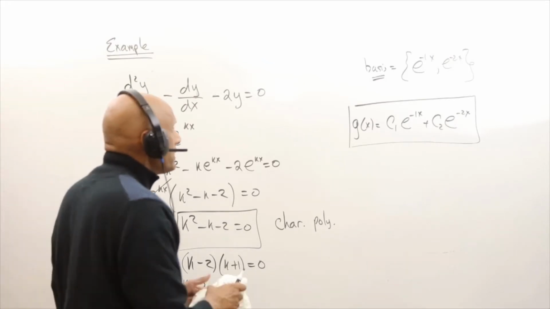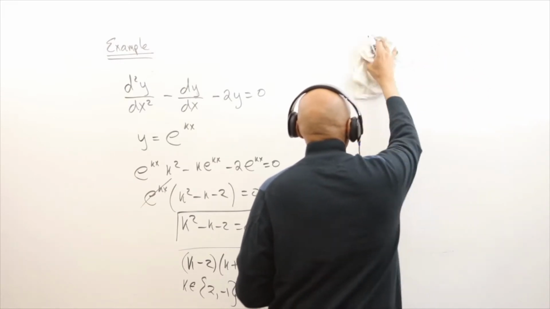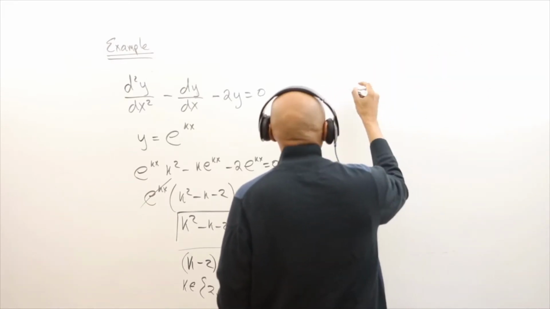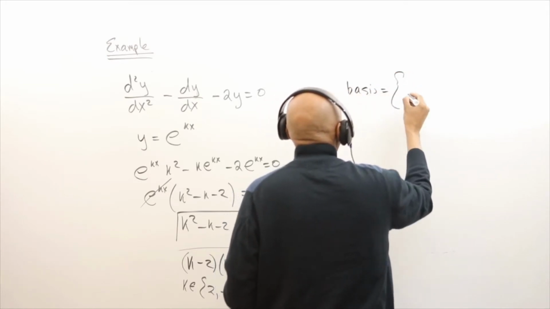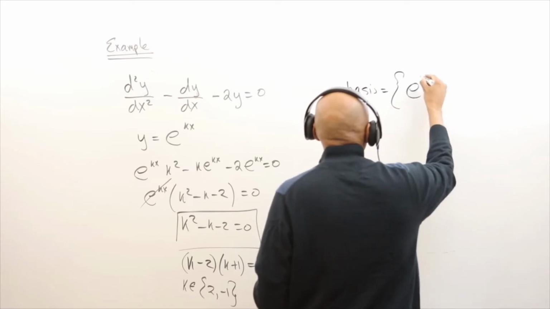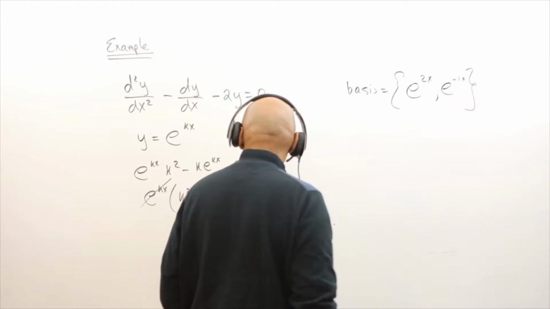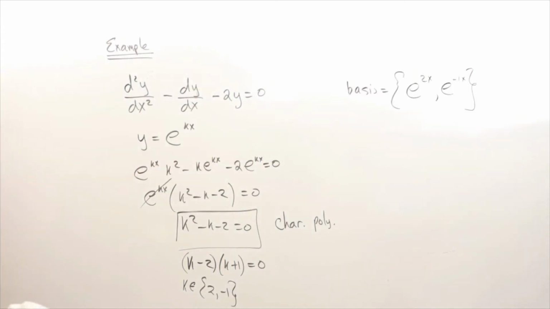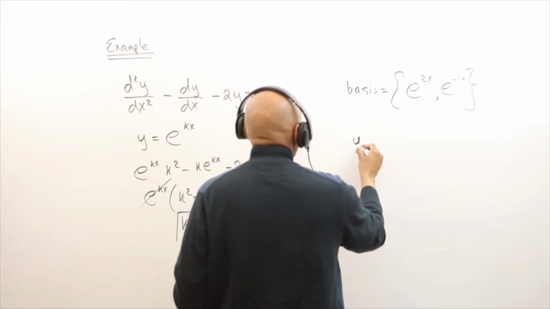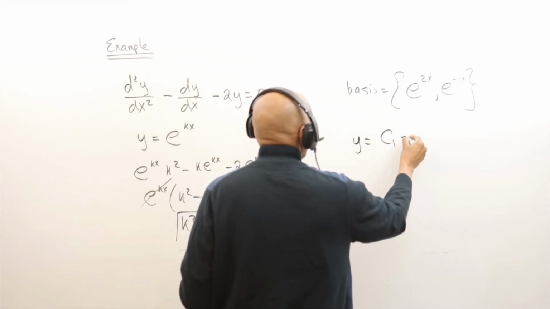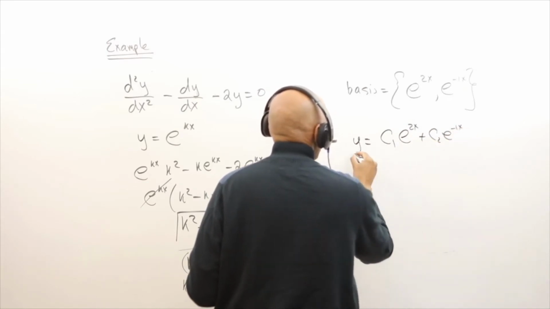And so the basis for the general solution of this second order differential equation is e to the 2x and e to the minus 1x. So the general solution is y equals some constant c1 times e to the 2x plus some constant c2 times e to the minus 1x.